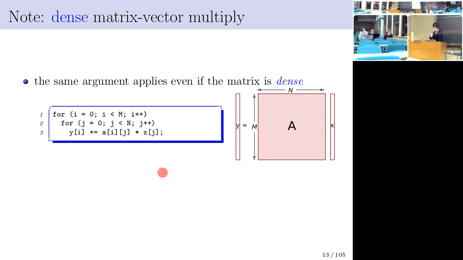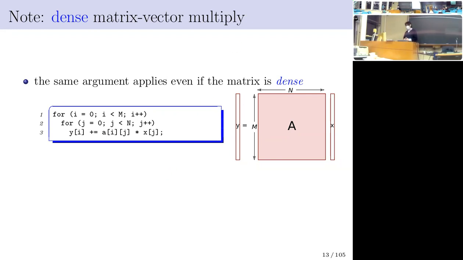So I talked about the sparse matrix vector multiply just as an example of a memory-bound algorithm. But actually, whether the matrix is sparse or not doesn't matter very much. The same is true even if the matrix is dense. So let's consider A multiplied by another vector, but this time assuming A is dense, just a two-dimensional array, so all the elements are materialized in memory.